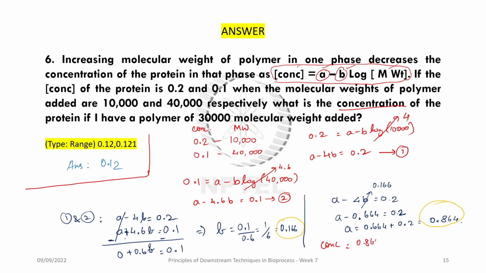A is 0.864, minus B 0.166 times log 30,000, which is 4.477. Multiplying that with 0.166 gives me 0.7432. When I subtract that from 0.864, I'm getting a concentration of 0.12. Is that clear, Natarajan?